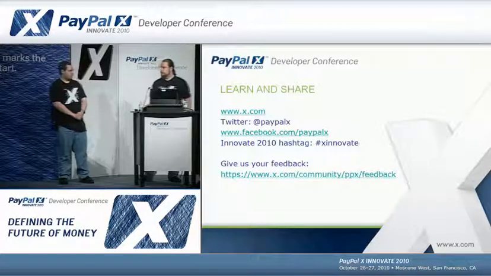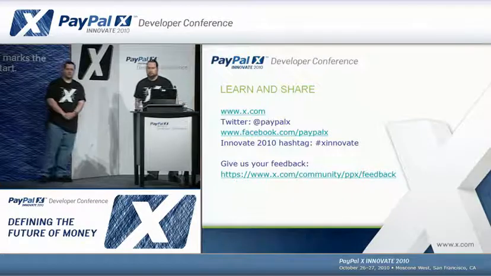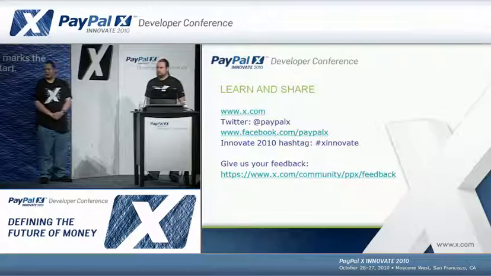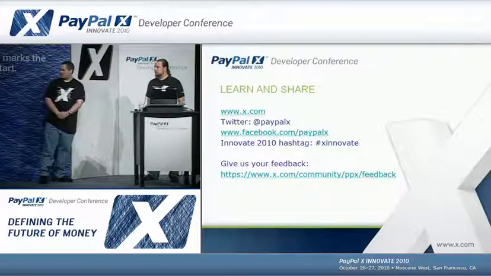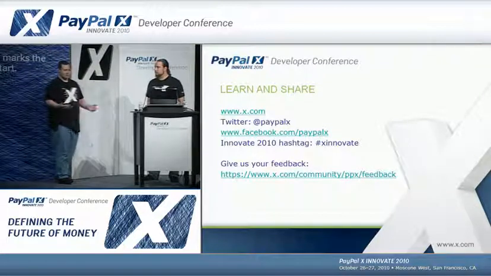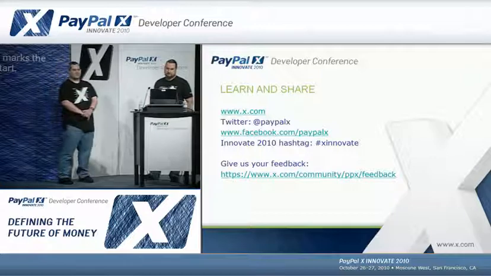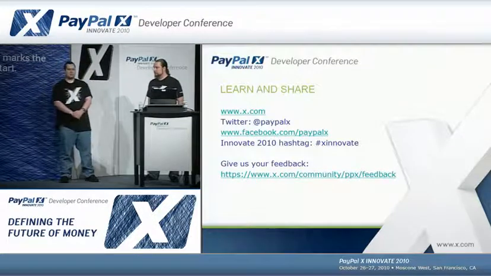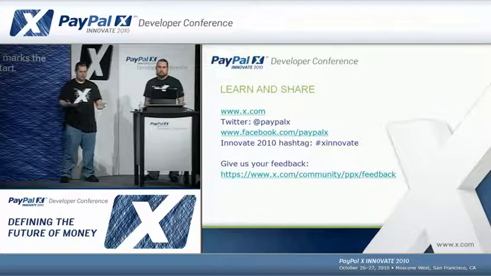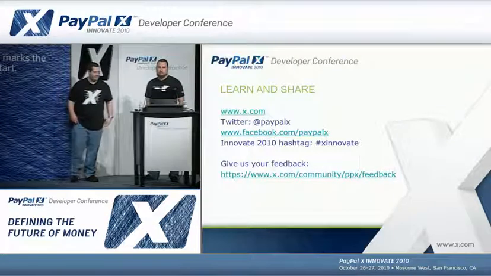Yes, Website Payment Standard does have a lot of different possibilities that I just didn't have time to touch on here. My presentation during the dry runs actually ran overtime, so I did have to clip a little bit of content out to make it fit within the time. But there is a lot more information up on x.com about Website Payment Standard, how you can use it and what you can do with it.